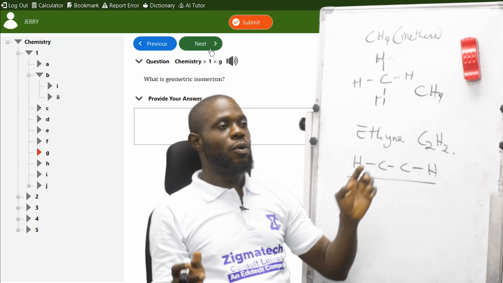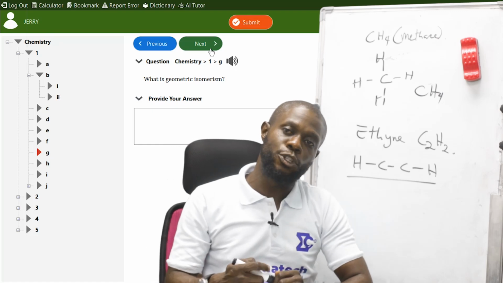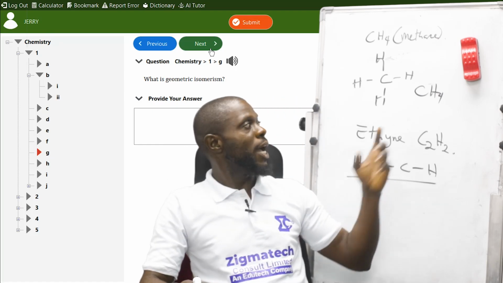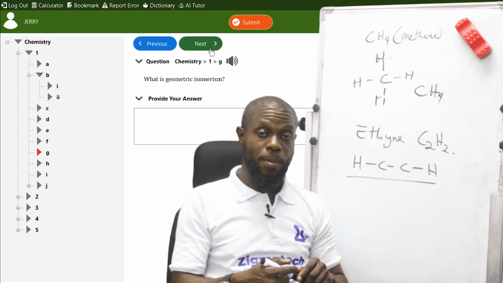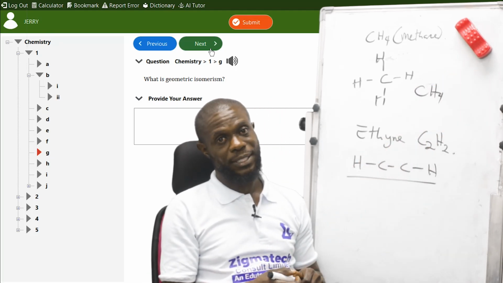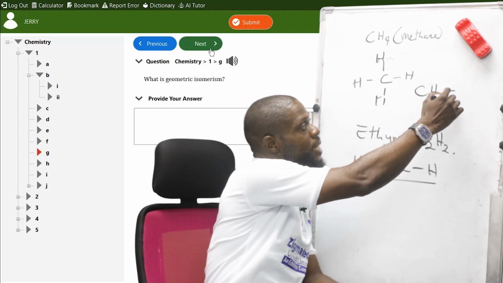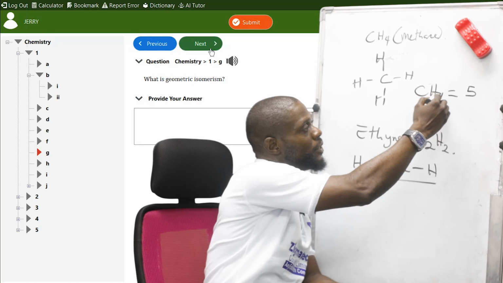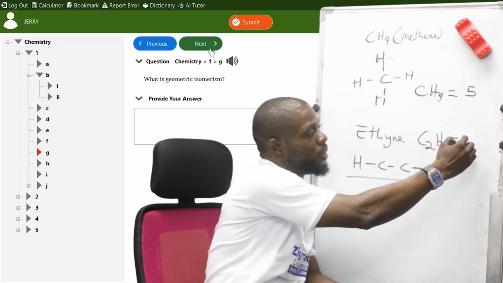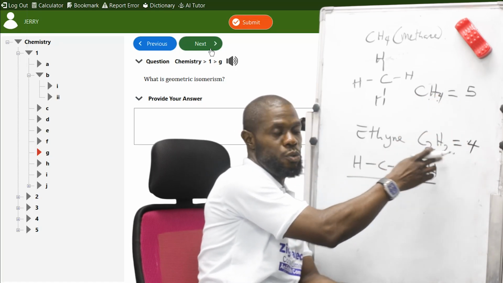Now, when checking isomerism, you do not check the way you would ordinarily, for instance when solving for molecular masses. There, the number of subscripts is 5 because carbon is 1 and hydrogen is 4, while here it will be 4 because carbon is 2 and hydrogen is 2.